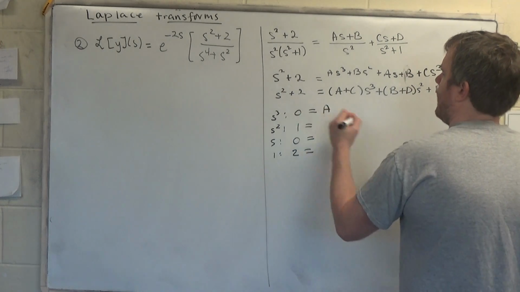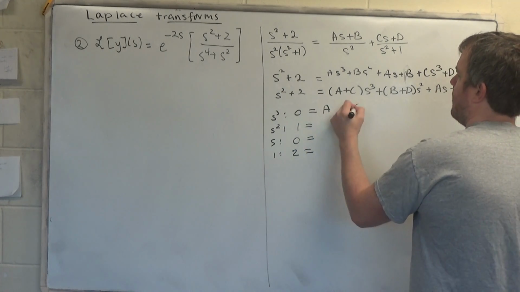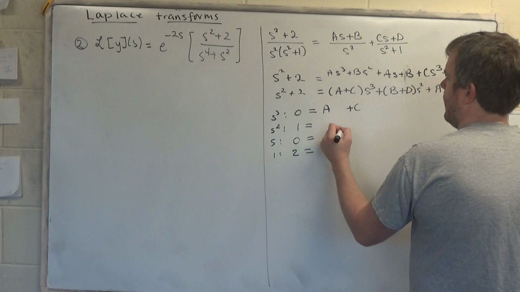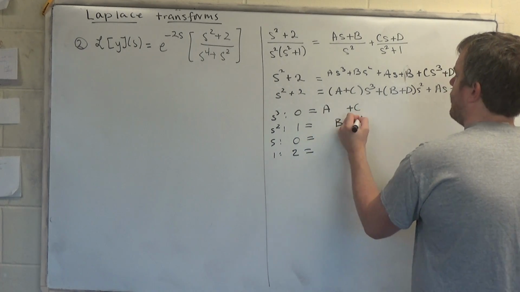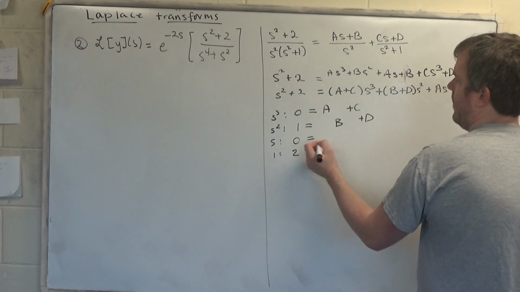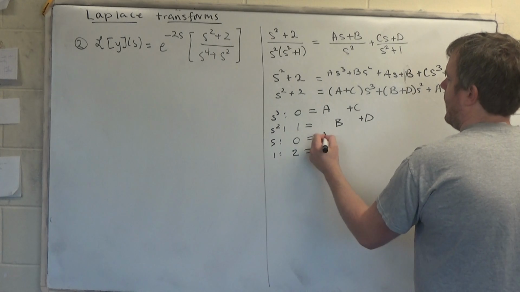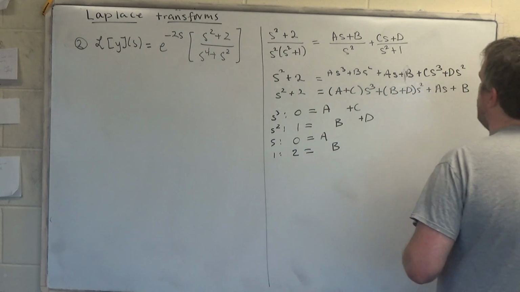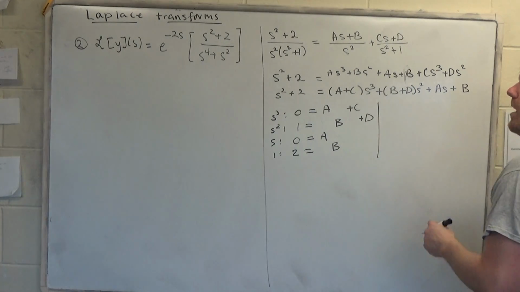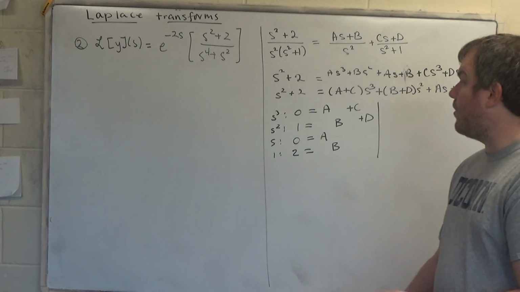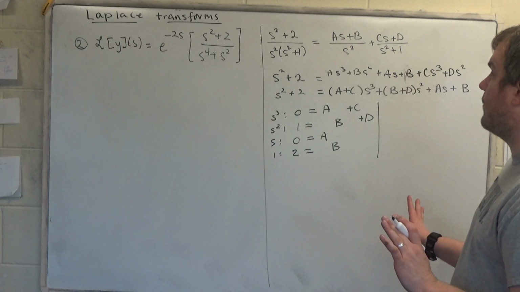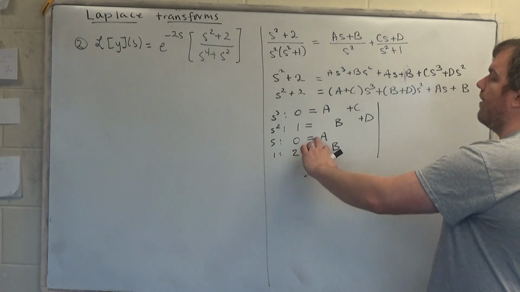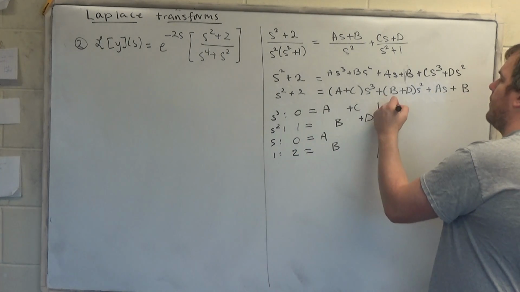The coefficient of s³ on the right, however, is a + c, and for s² is b + d, and for s is a, and for the constant is just b. And you may think, oh, it's a 4x4 system, so I should just automatically use my calculator to solve this. Except notice here, we have 2 of them solved for us.